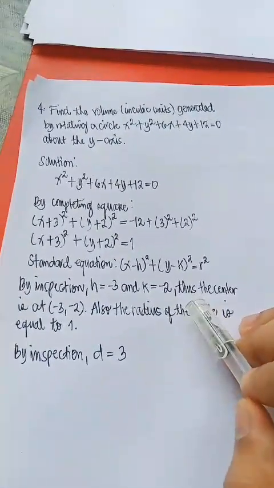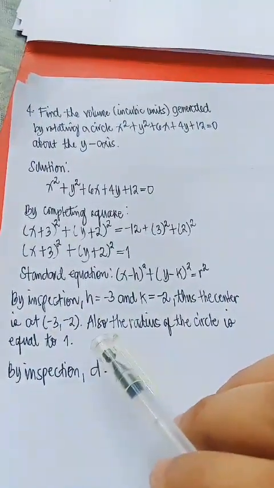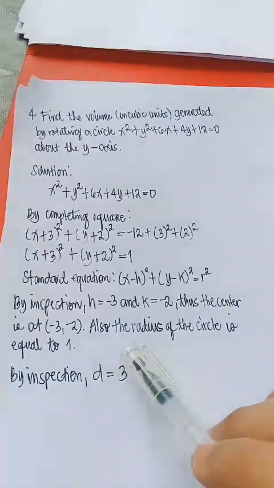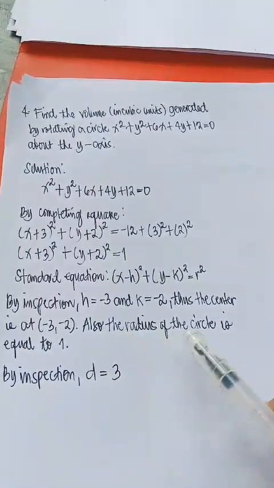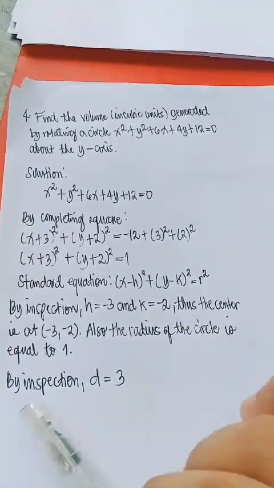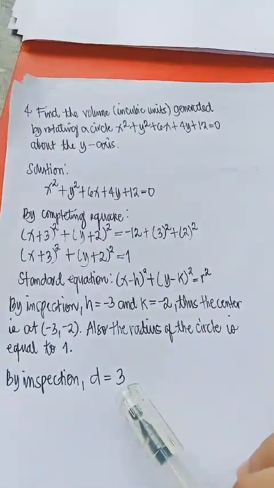Thus, the center is at negative 3, negative 2. Also, the radius of the circle is equal to 1. So by inspection, d is equal to 3.